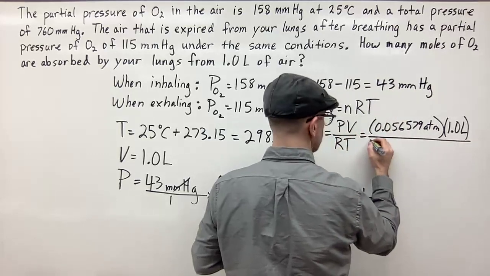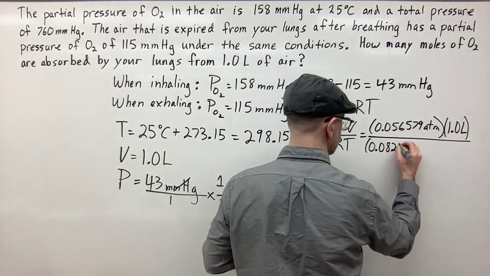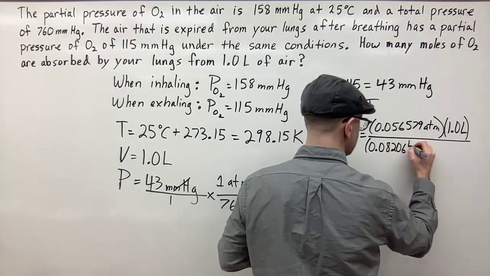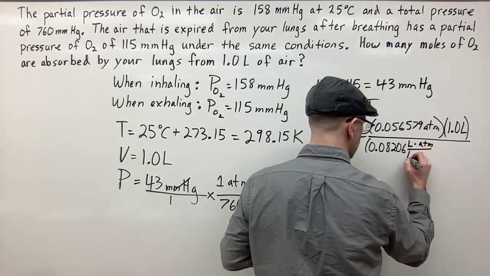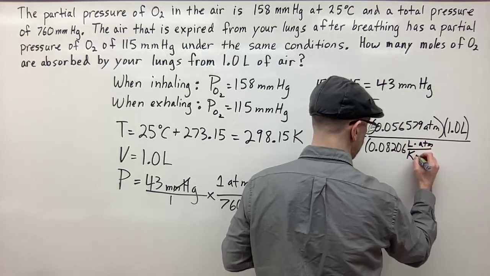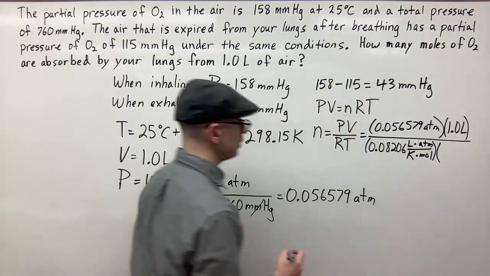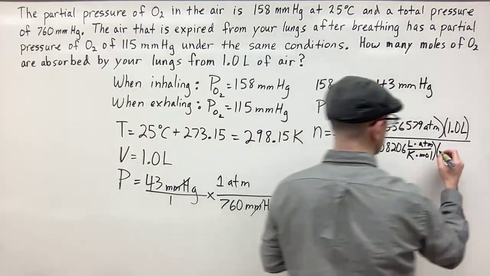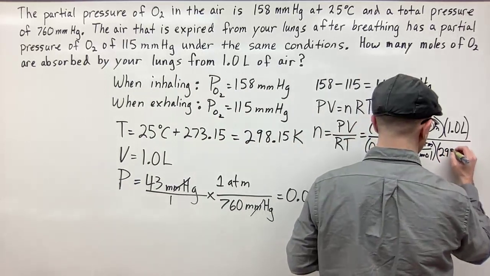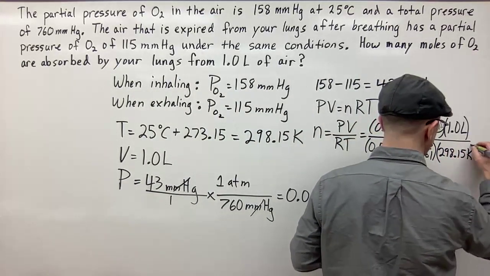R is going to be 0.08206 liter atmospheres over Kelvin mole, multiplied by the temperature, which is 298.15 Kelvin.